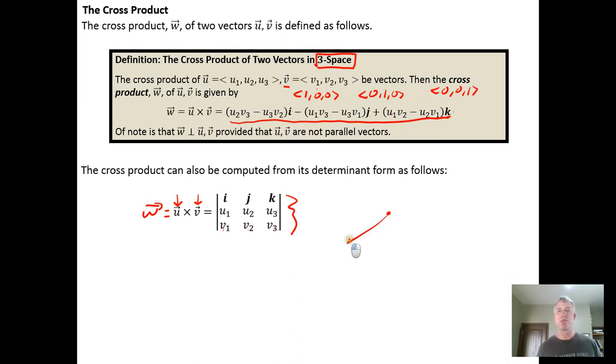So we start off with two vectors u and v. We take the cross product, we wind up with the vector w that's perpendicular to both of those. And I'll probably take the time in another video to explain why that's the case.